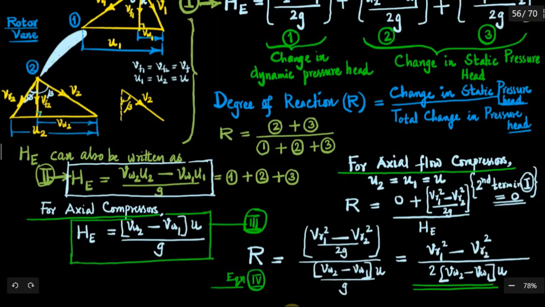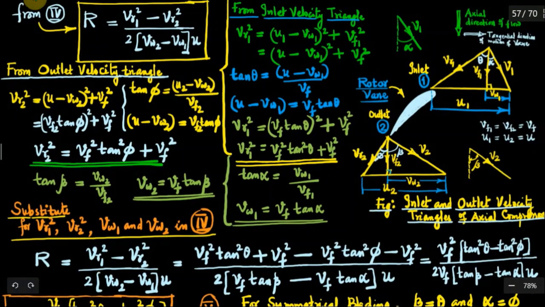This g and g will be cancelled, and in the denominator you get 2 into VW2 minus VW1 into U. Now this is the expression. Name it as equation number 4, the general expression for degree of reaction. Even for solving numerical problems we may use it, but it is available in a much more compact and specific form, which we are going to explore.